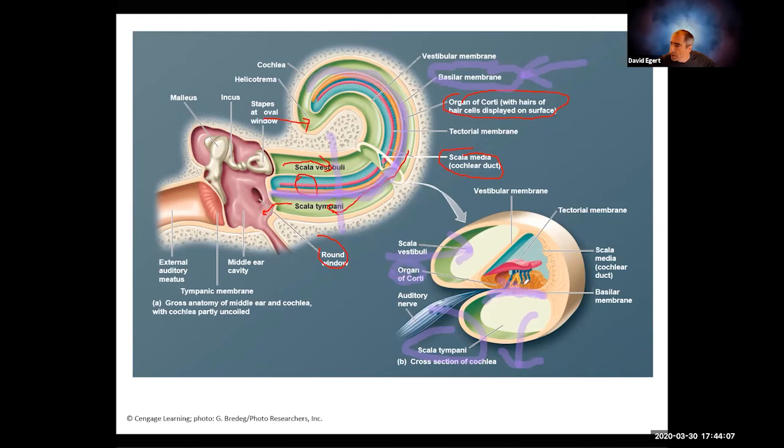Organ of Corti is basically hair cells with this little membrane over the top of it. So as the basilar membrane vibrates up and down, as this pressure wave is moving through, the hair cells with this tectorial membrane are going to wiggle, and that's going to create an electrical signal.